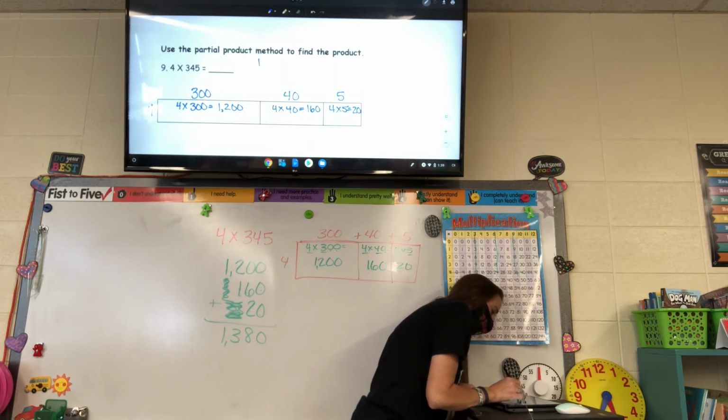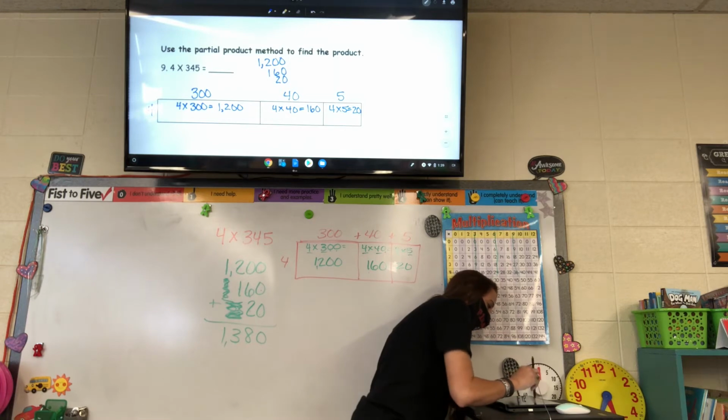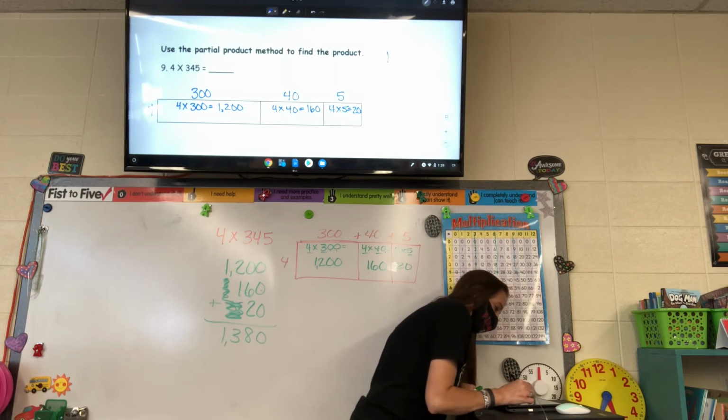So right here, 1,200, 160, then 20. I'm actually going to change the spot that I did that in so I have more room. I'm going to do it over here. 1,200, 160, and then 20.